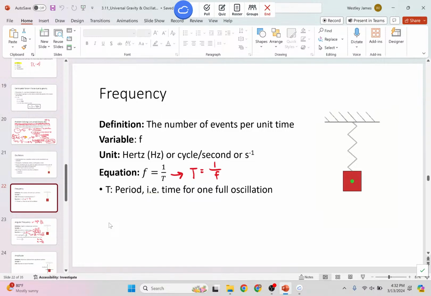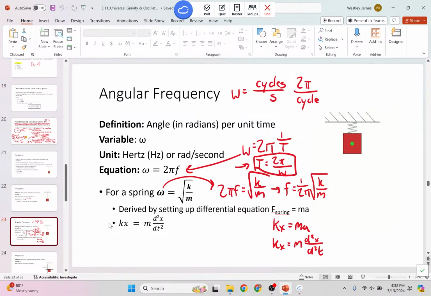Frequency was how many cycles per second. We then introduced period, which is the inverse of that. So instead of cycles per second, flip that: seconds per cycle. That's where the math comes from. f equals 1 over T. And then I really tried to hammer this, and I'm going to keep really trying to hammer this. We had something called angular frequency, omega.